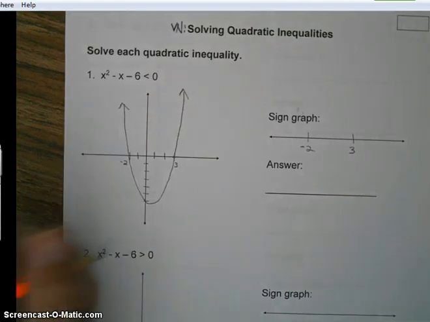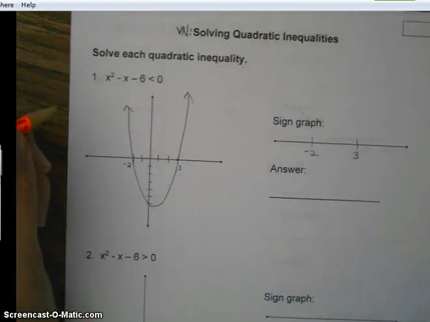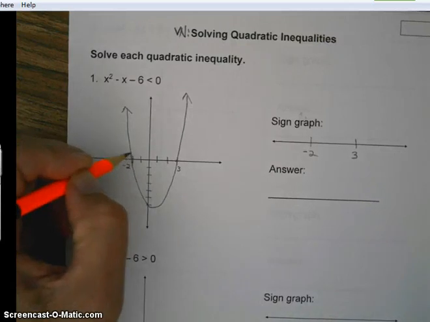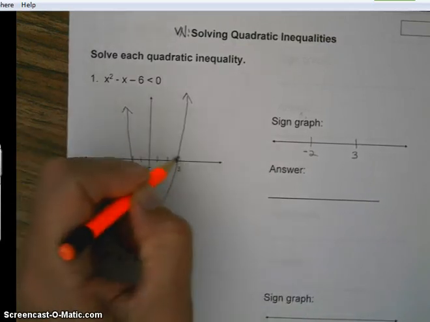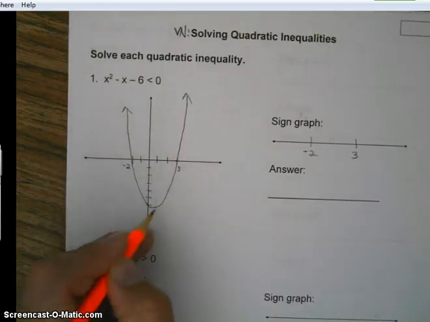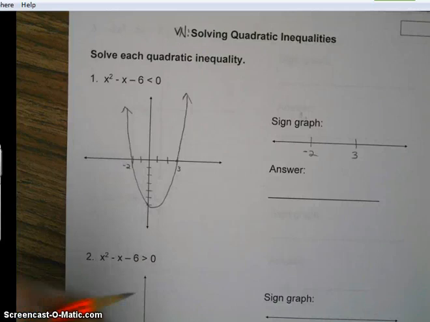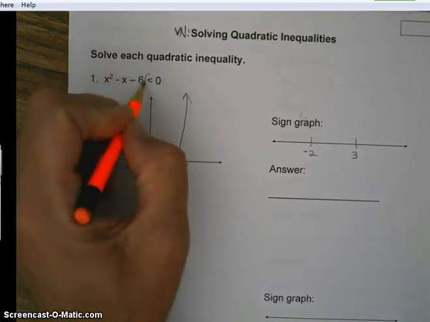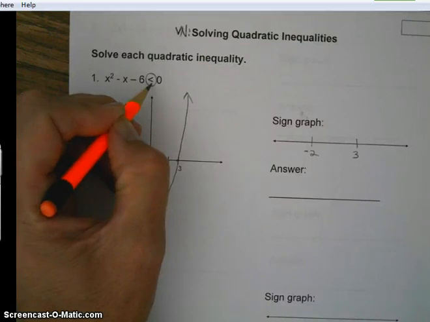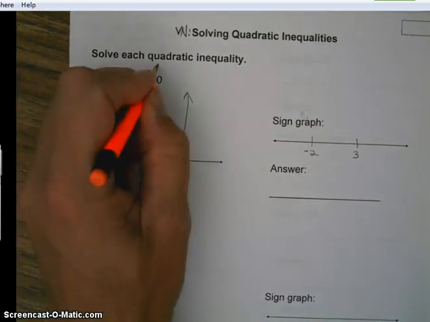Now, the shading portion of this, we're either going to shade above the x-axis on the left and on the right, or we're going to shade below the x-axis. In this case, we look at our inequality symbol, and it's a less than. The 0 represents y.